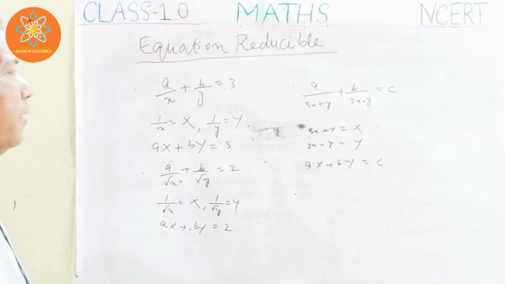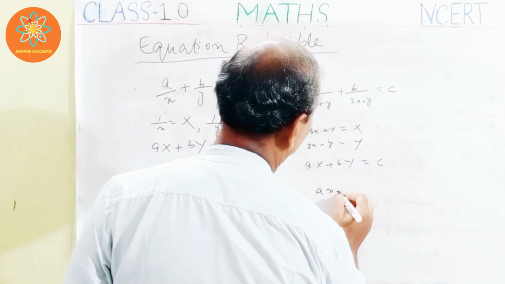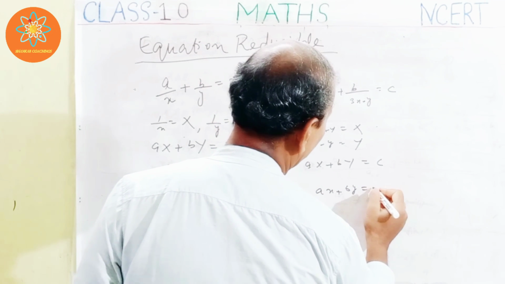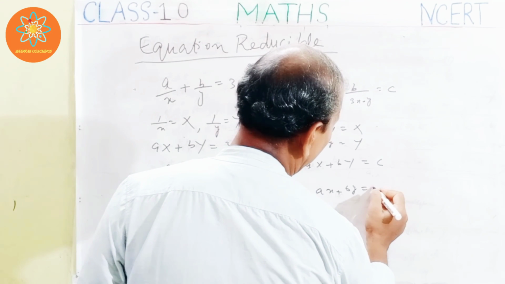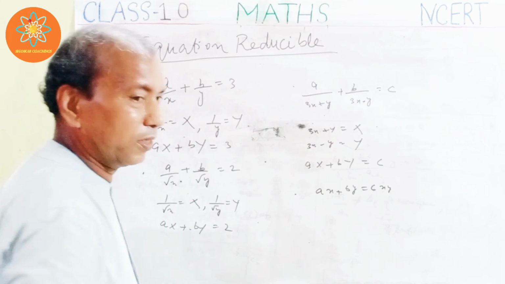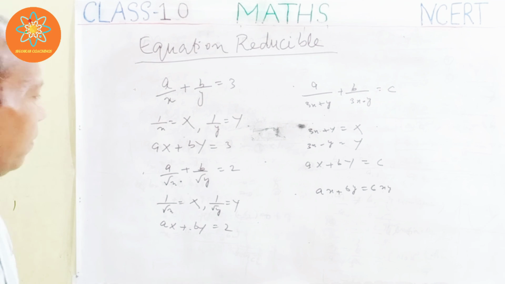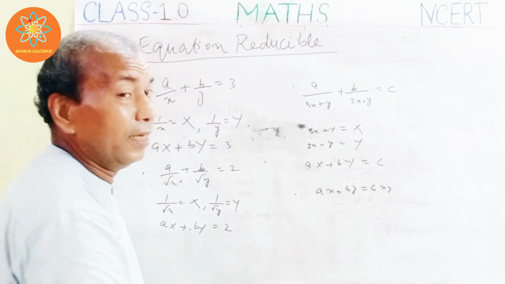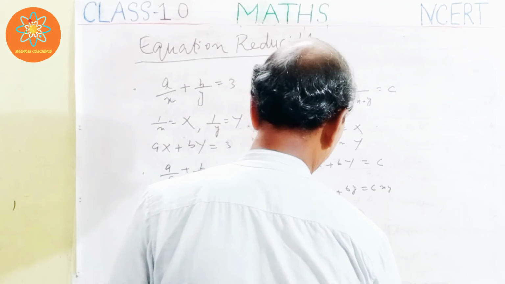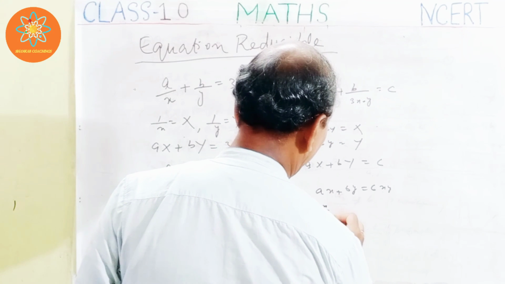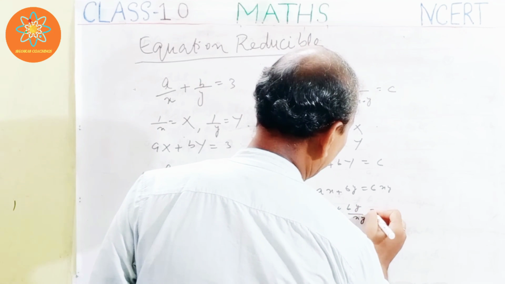And lastly, one more I am taking. Let's suppose one equation is given like this, very important one: ax plus by is equal to c into xy. Obviously x and y are not in the denominator here, but if you divide by xy, you will get ax divided by xy plus by divided by xy, equal to c.